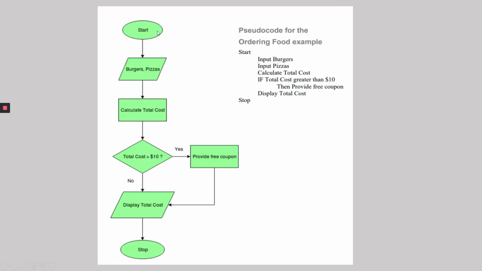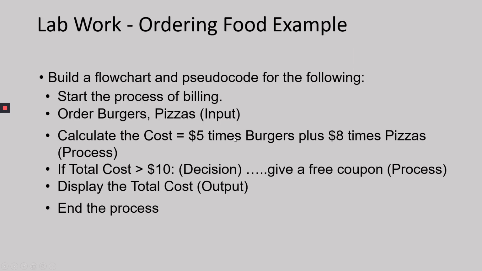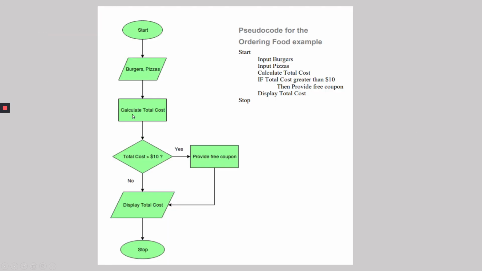So, as always, just like the tax calculation, for every flowchart we start with the oval. We get input burgers, pizzas, and after that we calculate the total price, total cost, with the formula. You could put a formula in this rectangle, or you could just use English to describe what you did here.